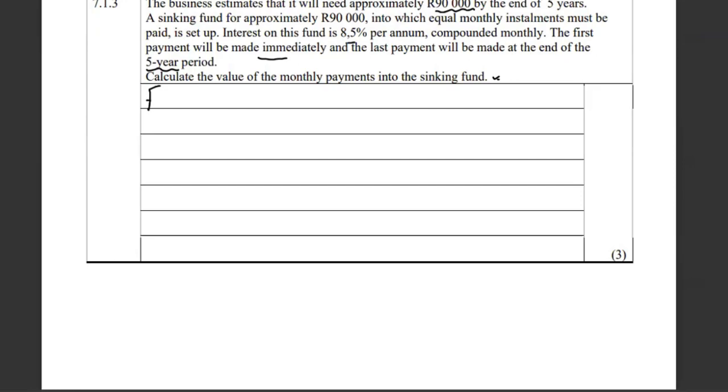So our future value is 90,000. Then we know that x is what we're looking for. Now before we get to the n, let me write the i. It's compounded monthly, 8.5% over 12. Now the problem is, what's going to happen with the n?